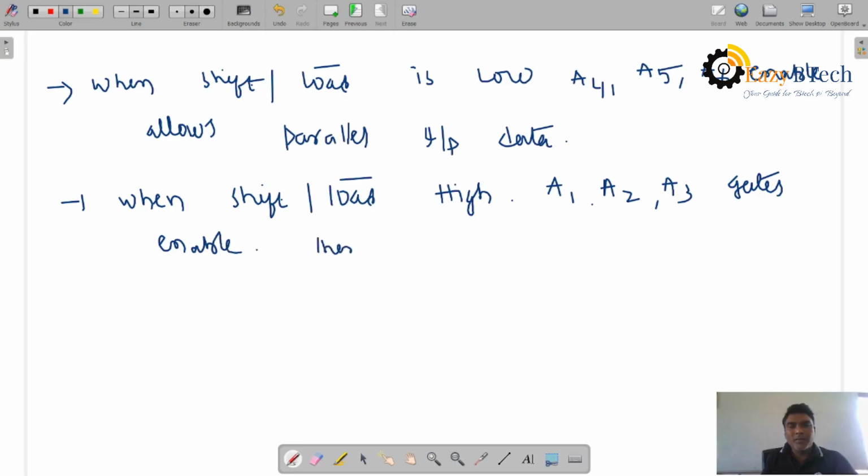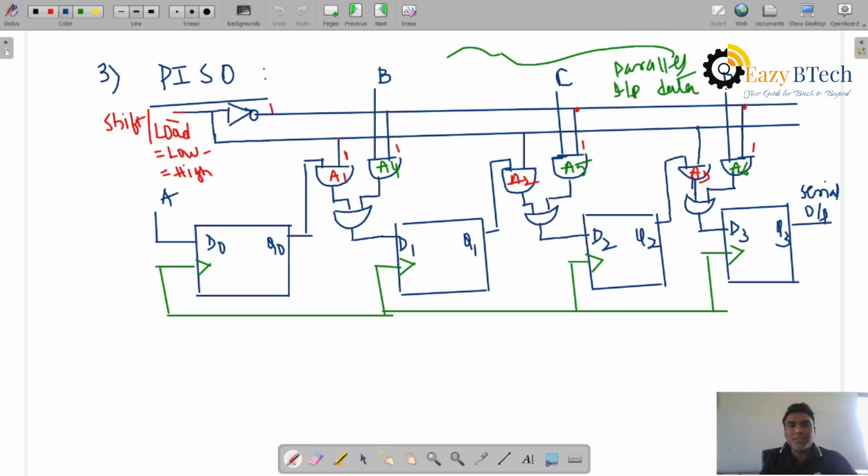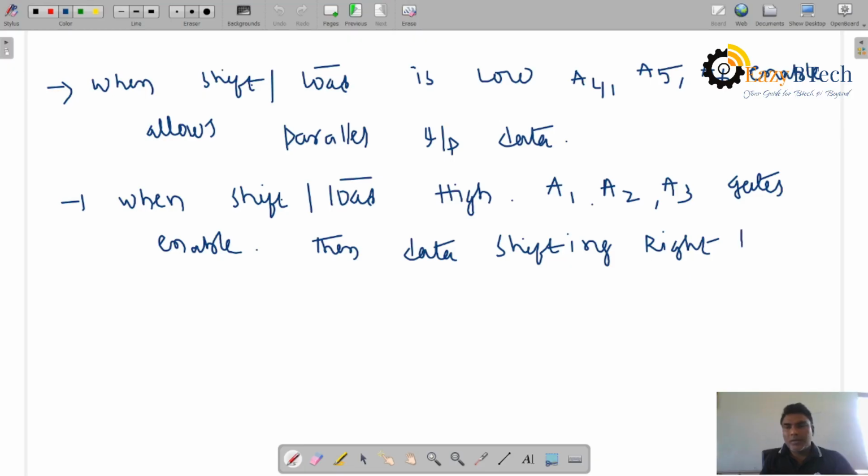Then data shifting right. Data shifting right, D0, D1, D2 and D3.